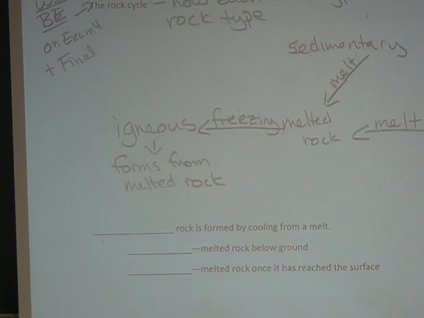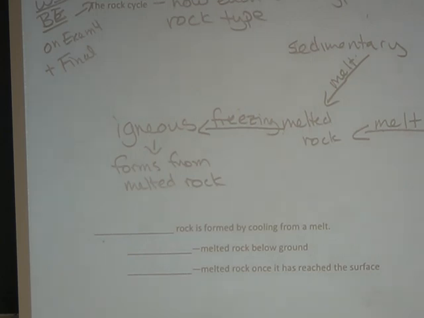Now, does anybody know the definition for any of the others? The book's rock cycle is super duper complicated, and I do not make people memorize that beast. But you can still glance at it if you're looking for words.